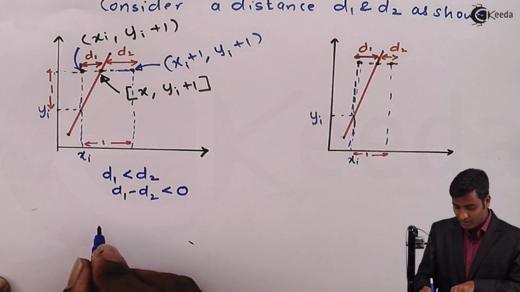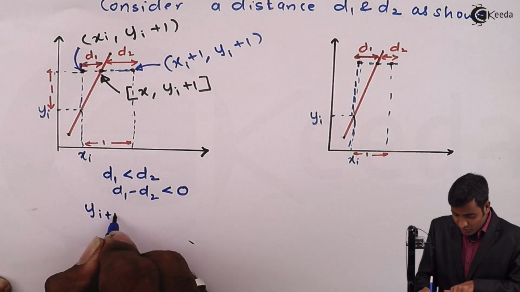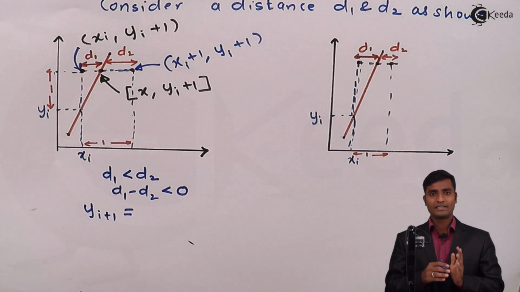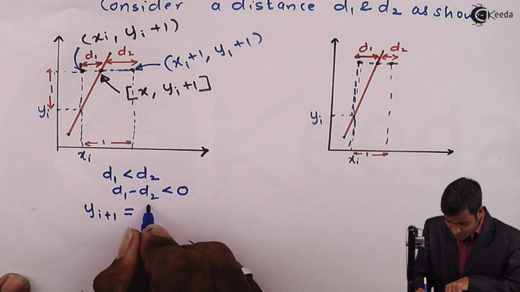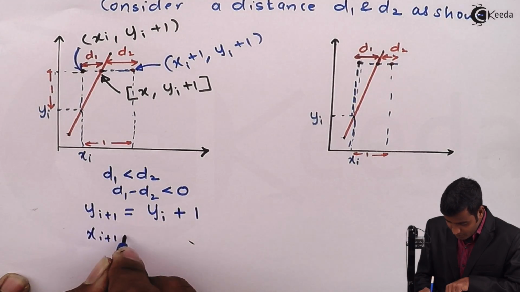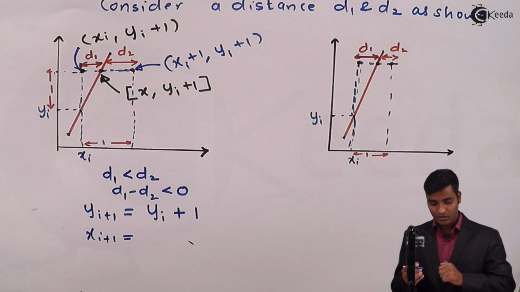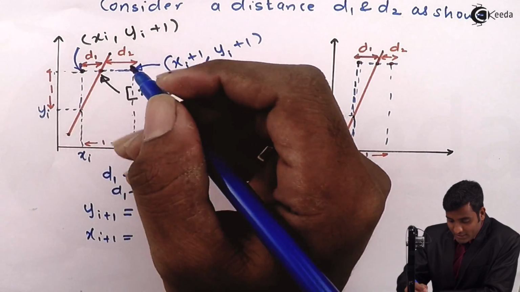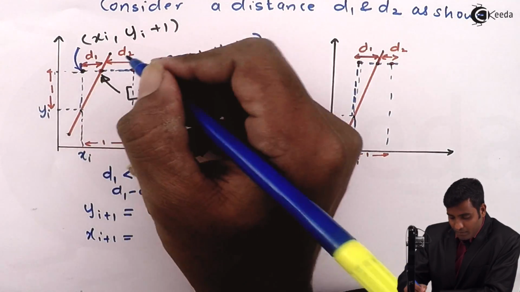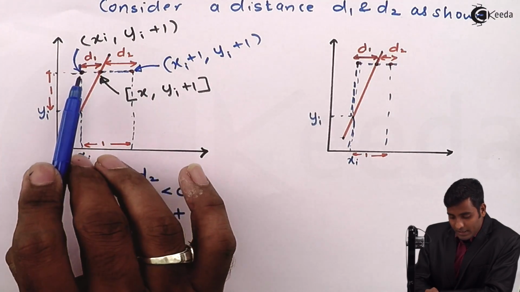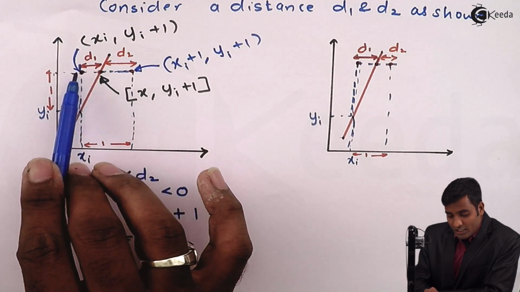In that case the y coordinate for the I plus 1th pixel remains the same, so it will be yi plus 1, but for xi plus 1, here we can see the closest pixel from this point, that is d1, is the closest pixel.